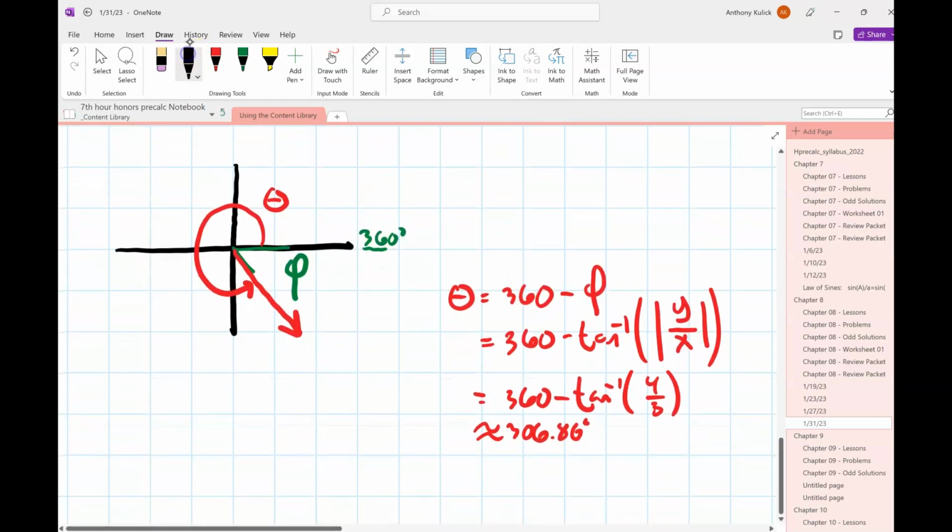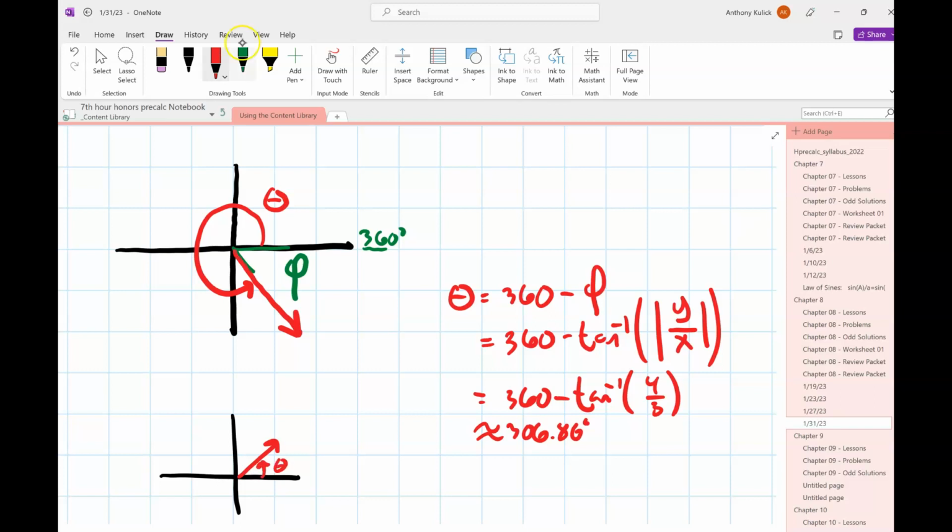This is Ava's hypothetical: you just have something here, so this is theta. Phi is literally equal to theta, and the part of the x-axis that has to do with that is 0. So theta is just literally 0 plus phi. Is that okay?